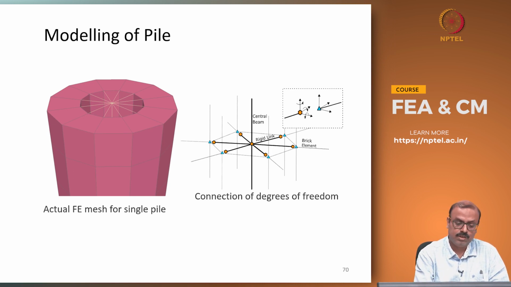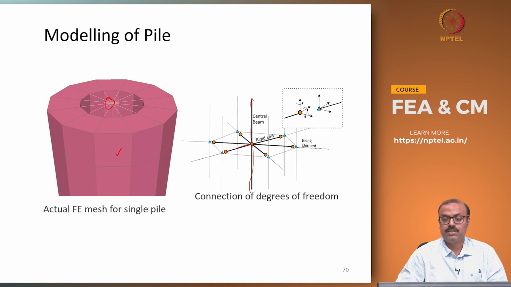So, here what you can do is come up with a kind of hybrid finite element modeling. This is the continuum element, and each continuum element will be connected to a central beam element through rigid links. These rigid links can be modified later, to check whether a rigid or flexible link is required.